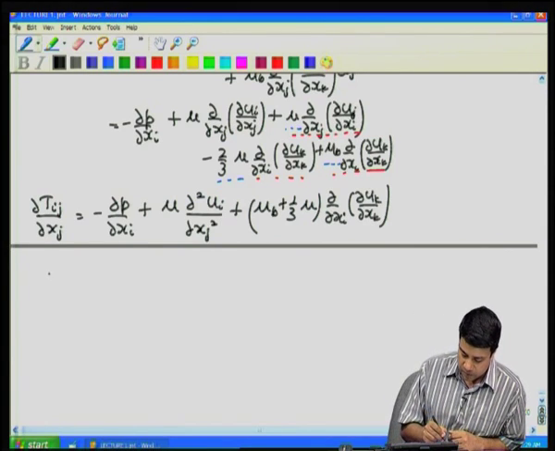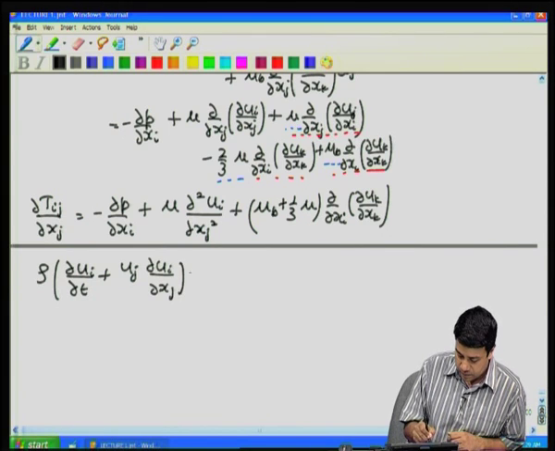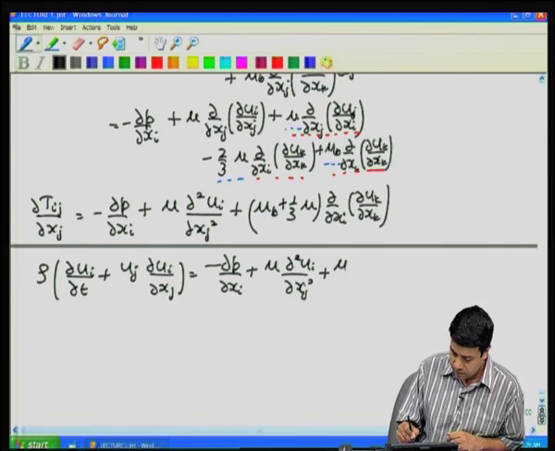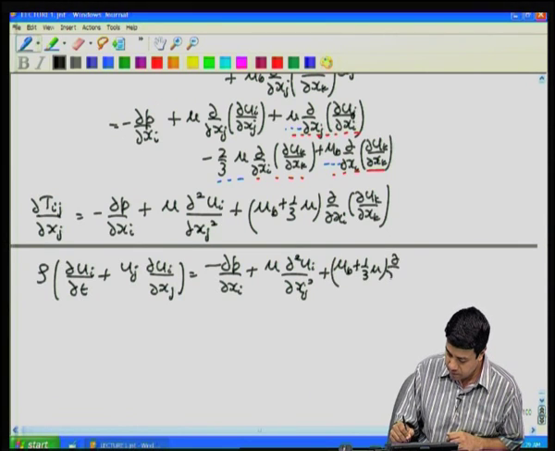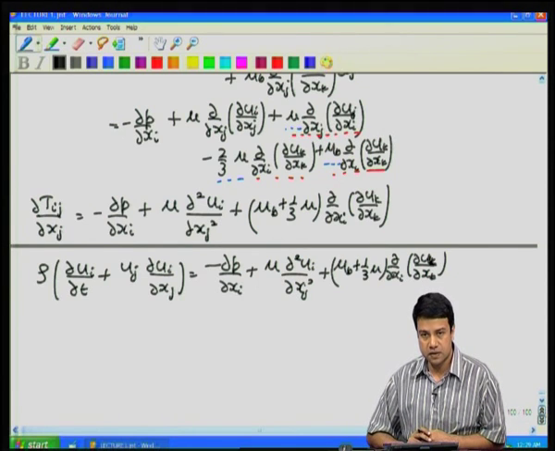So, putting all this into the momentum conservation equation, I get the final expression, often written in short form as follows.